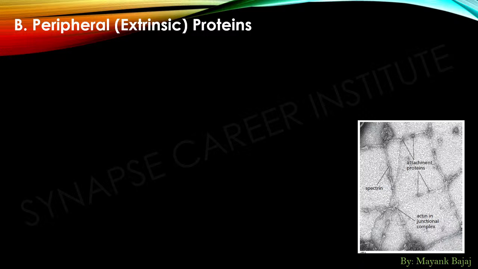Okay, so now we have extrinsic membrane proteins, which are also peripheral. You can say peripheral membrane protein. These are the proteins which are bound to the membrane by electrostatic force and hydrogen bonding.